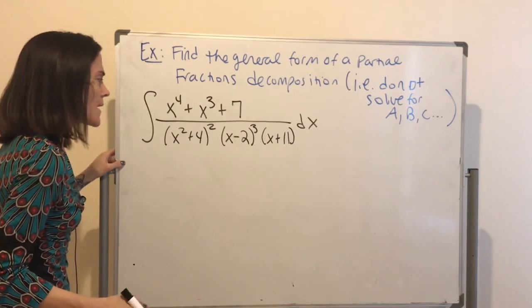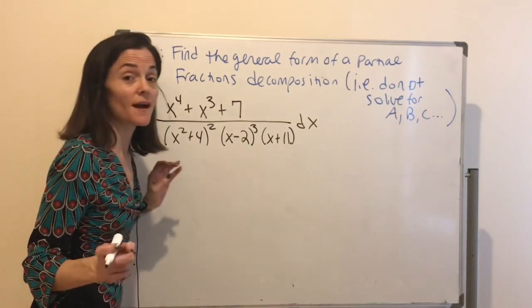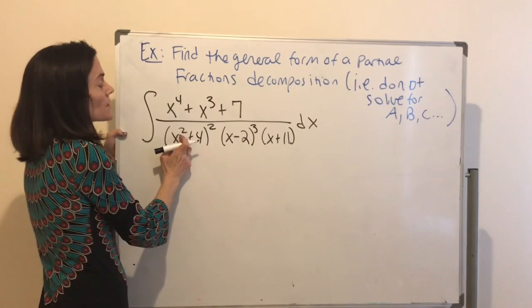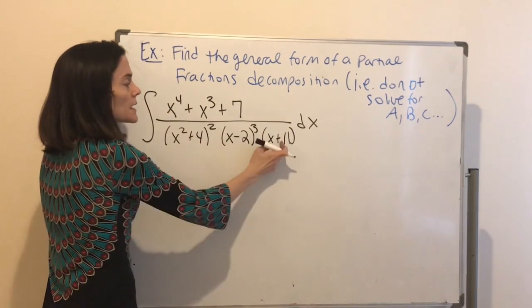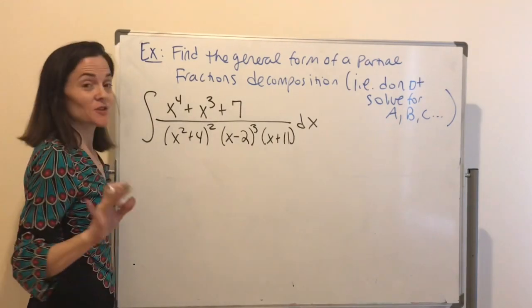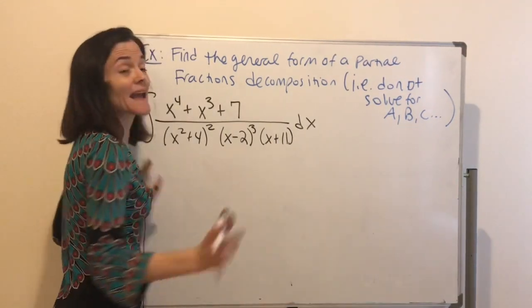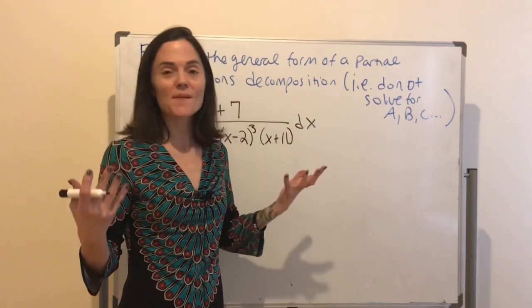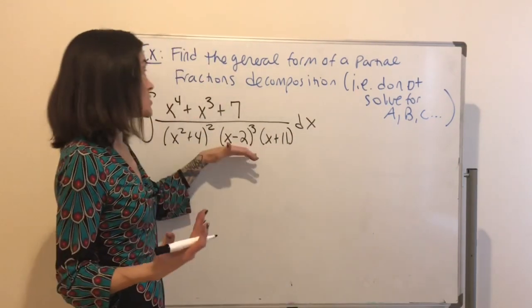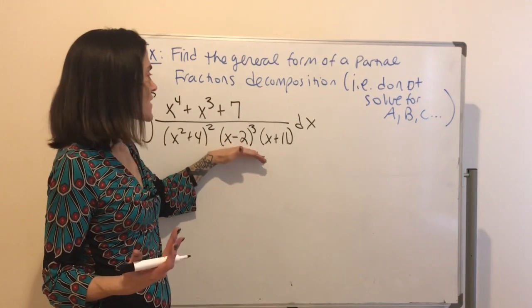Well, what is the degree of our denominator? Well, here, this term has degree 4. Then we have plus 3 plus 1. This is degree 8. We will write out, and this involves just understanding the statement of what the terms look like, the general form of the partial fractions decomposition.